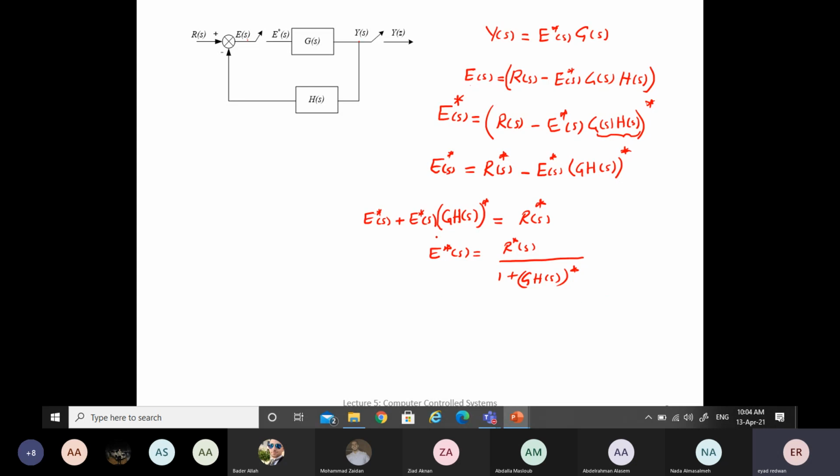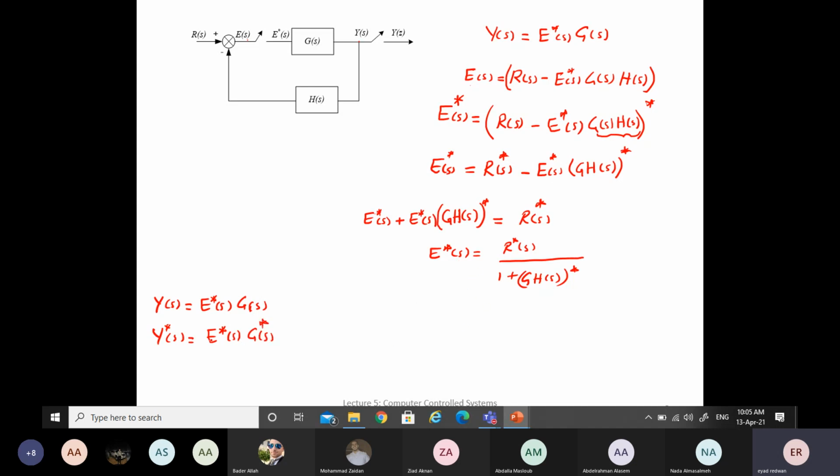Okay, now here I need to get again the output and input relationship. This is the output, so I will go back and write Y of S equals E star of S times G of S. If I take now the discrete form of this, it is Y star of S equals E star, notice this discrete signal multiplied by this, so it's going to be E star times G of S star.